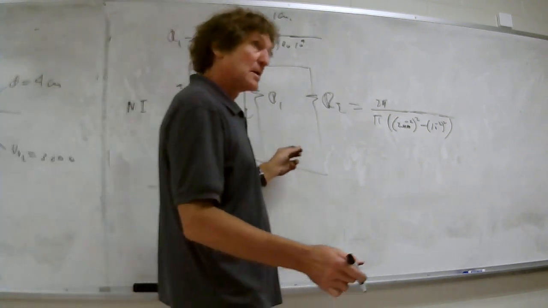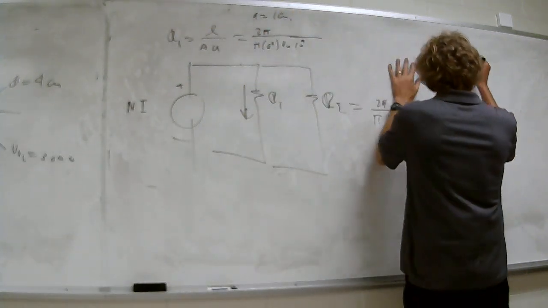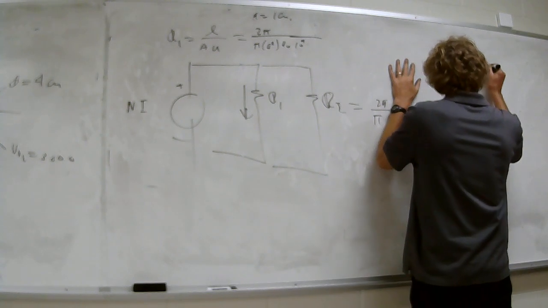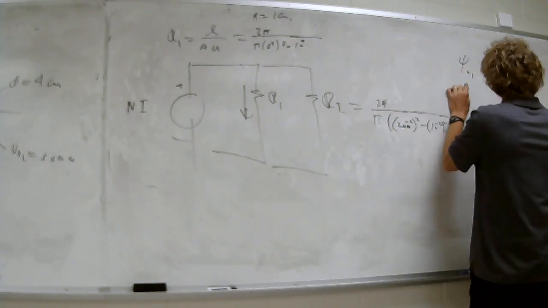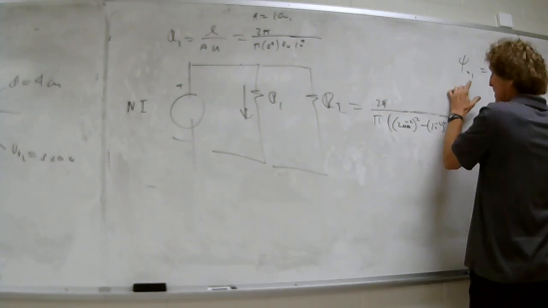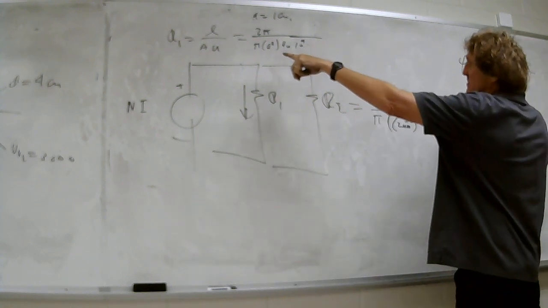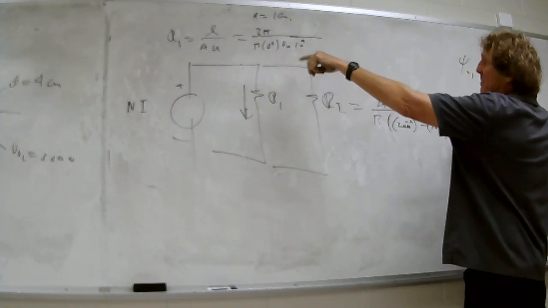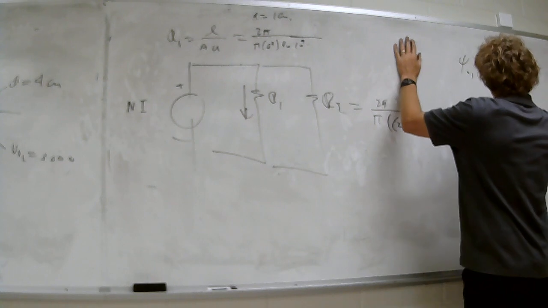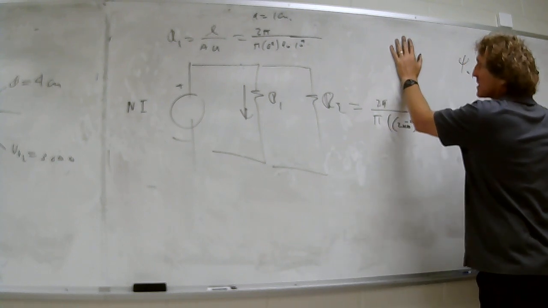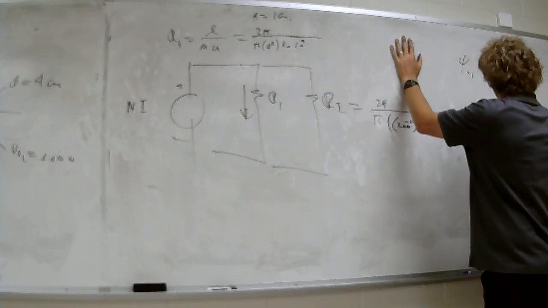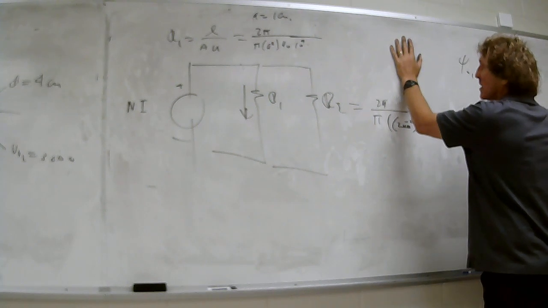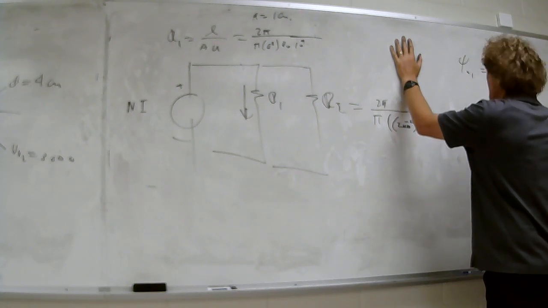Do you agree with that? So the flux flowing through 1, magnetic flux 1, is going to be Ni divided by reluctance 1. That's reluctance 1. The pi's cancel, so I'm going to divide by 2 over mu 0 times 10 to the 4th.